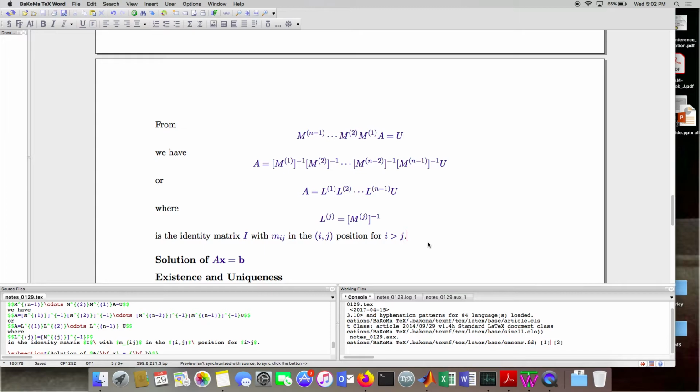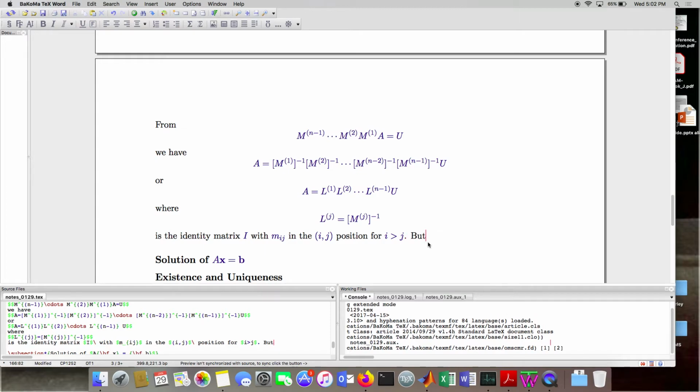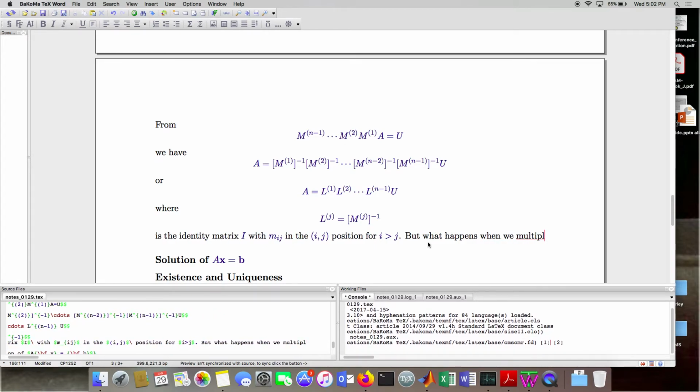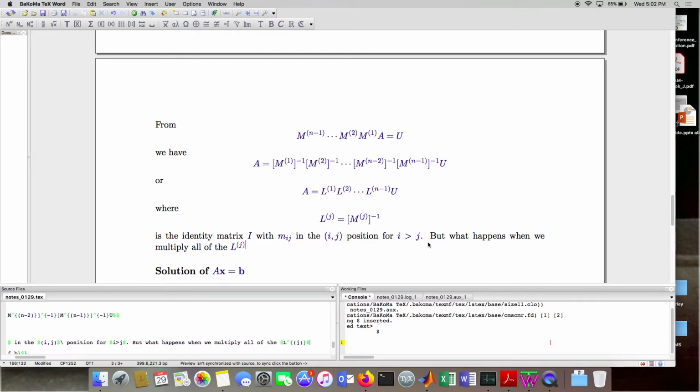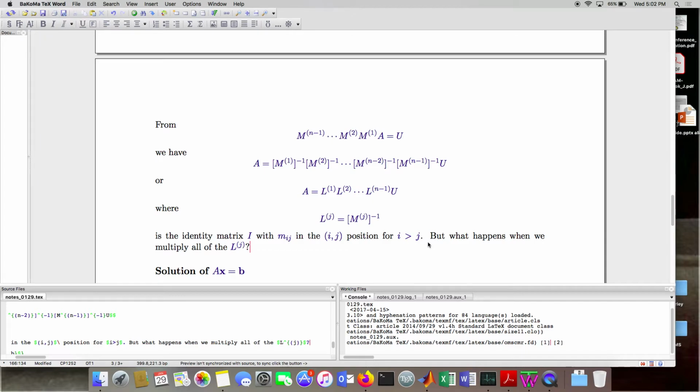Now, what happens when we multiply all of the Lj? Because when we took these elementary row matrices that each had one multiplier sitting below the diagonal, multiplied those, that worked out nicely. They just stacked on top of each other.